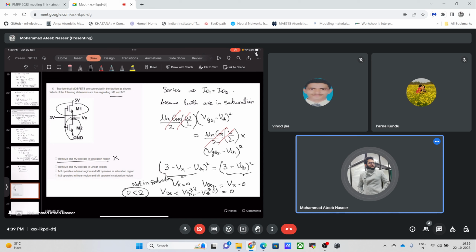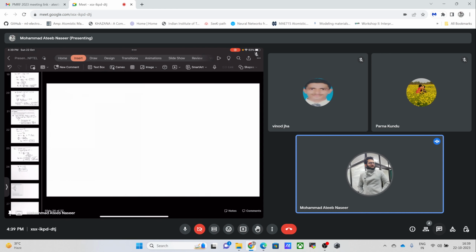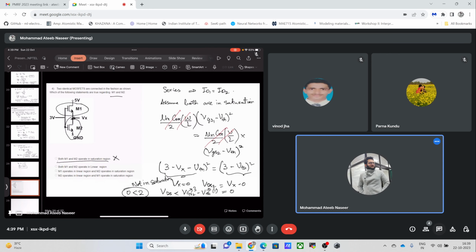Now we need to take another condition and check whether the MOSFETs are biased in the linear region. It says that both are biased in the linear region. If both are biased in linear region, what does it imply? Let me check for the first MOSFET.